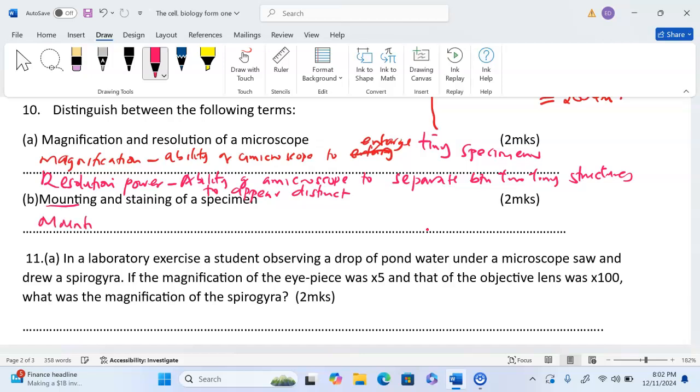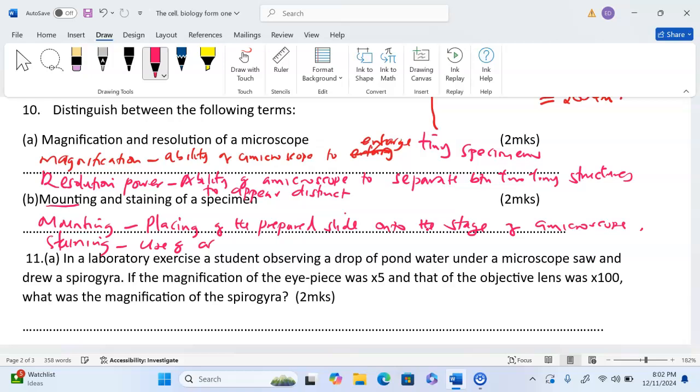Mounting, by definition, is actually the placing of a prepared slide onto the stage of a microscope, whereas staining refers to use of a chemical stain on the specimen for a clearer observation.